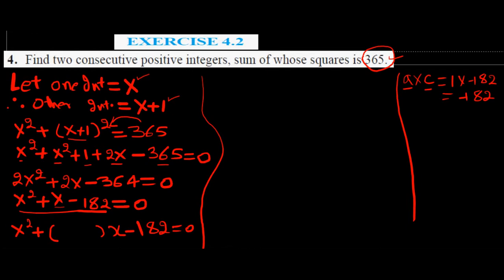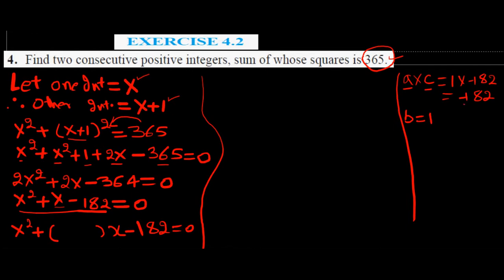It means that one number will be positive, another number will be negative. Why? Because I can get a negative product only by multiplying one negative and one positive number. I can never get a negative product by multiplying two positive numbers or two negative numbers. The next condition is that the addition should be equal to the coefficient of x, which is 1. So the addition is positive, it means that the higher number is positive and the lower number is negative.